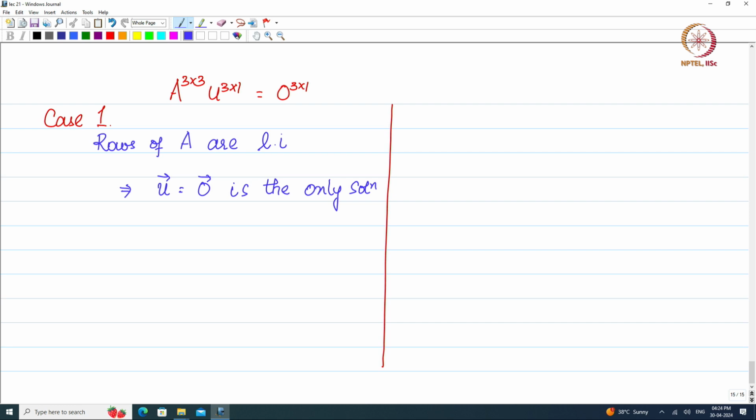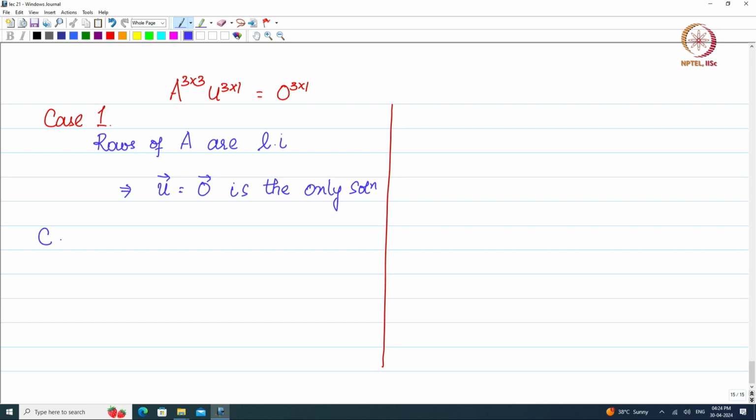The moment the determinant is not 0, you can invert the matrix. Then for every right hand side b, there is a unique x such that Ax equals b, and when b is the 0 vector, u equal to 0 is the only solution.